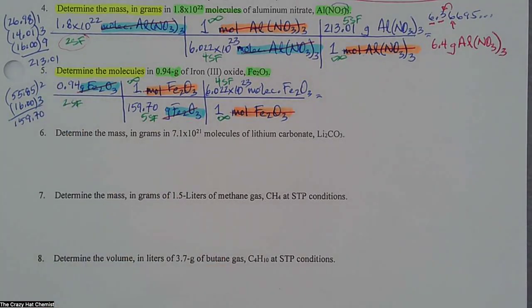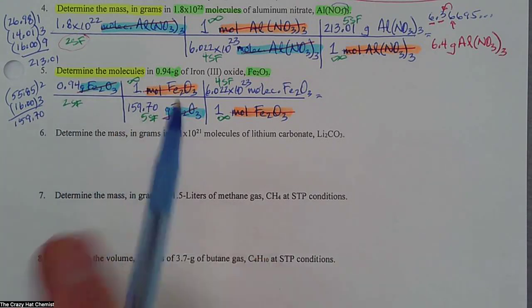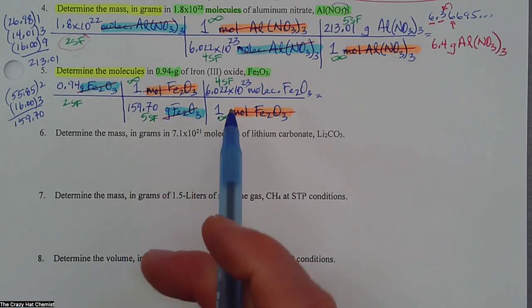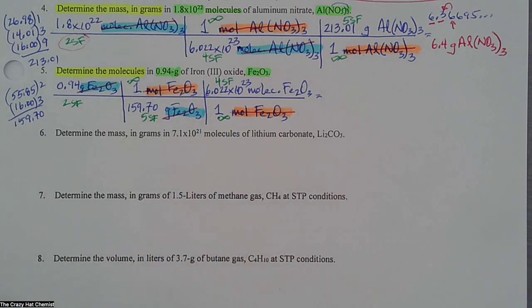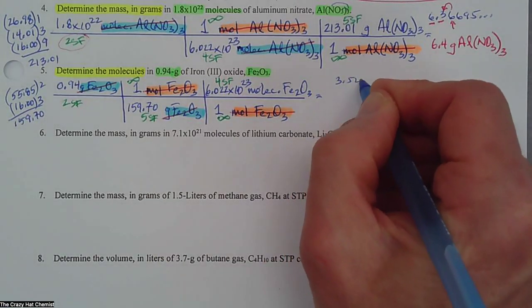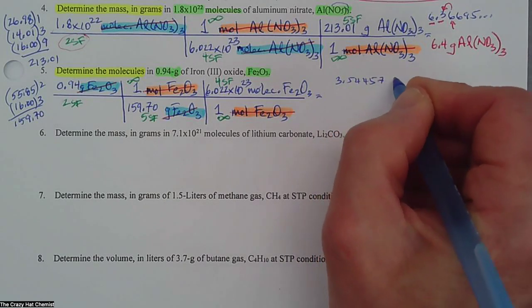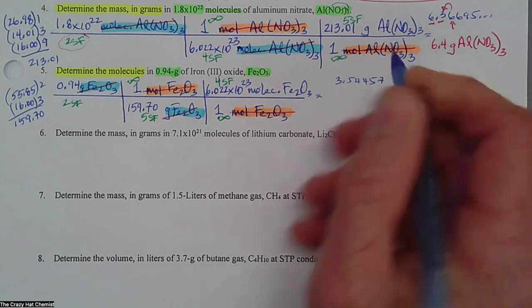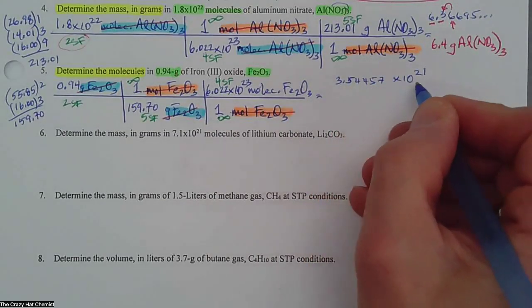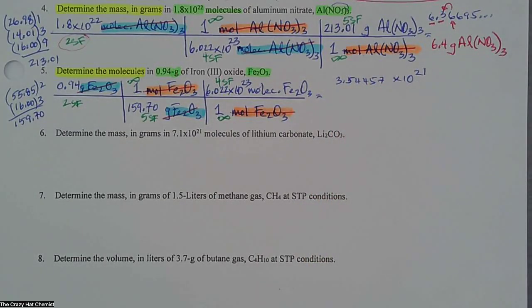That's going to be 0.94 divided by 159.70 times 6.022 times 10 to the 23rd. And I'm going to get 3.54457 times 10 to the 21. There are more numbers here, but I don't need to really know them.